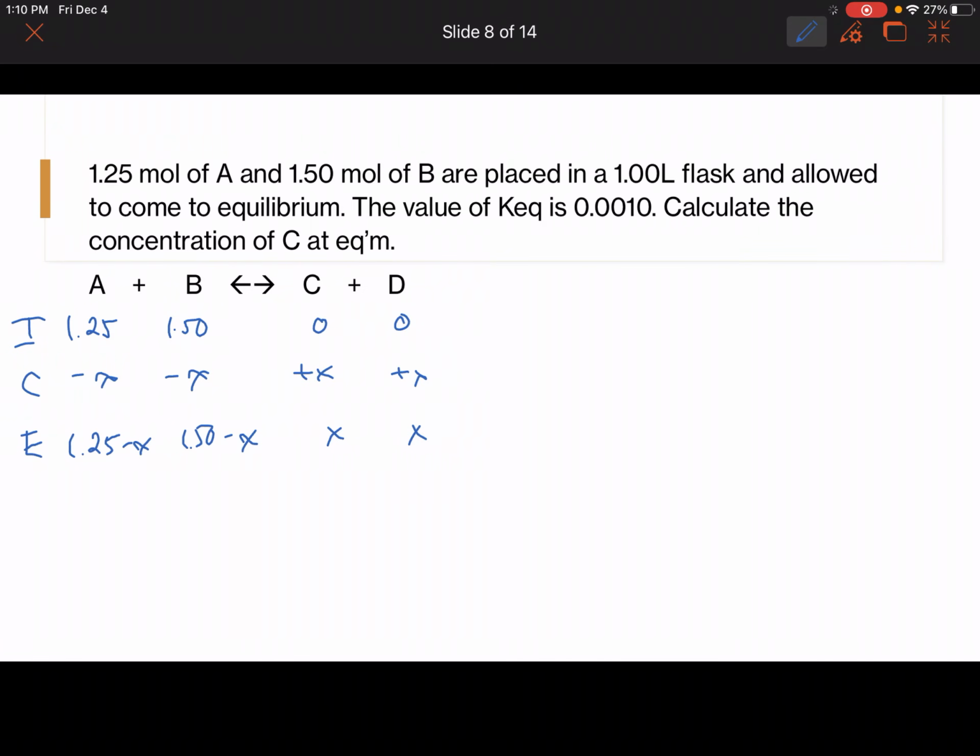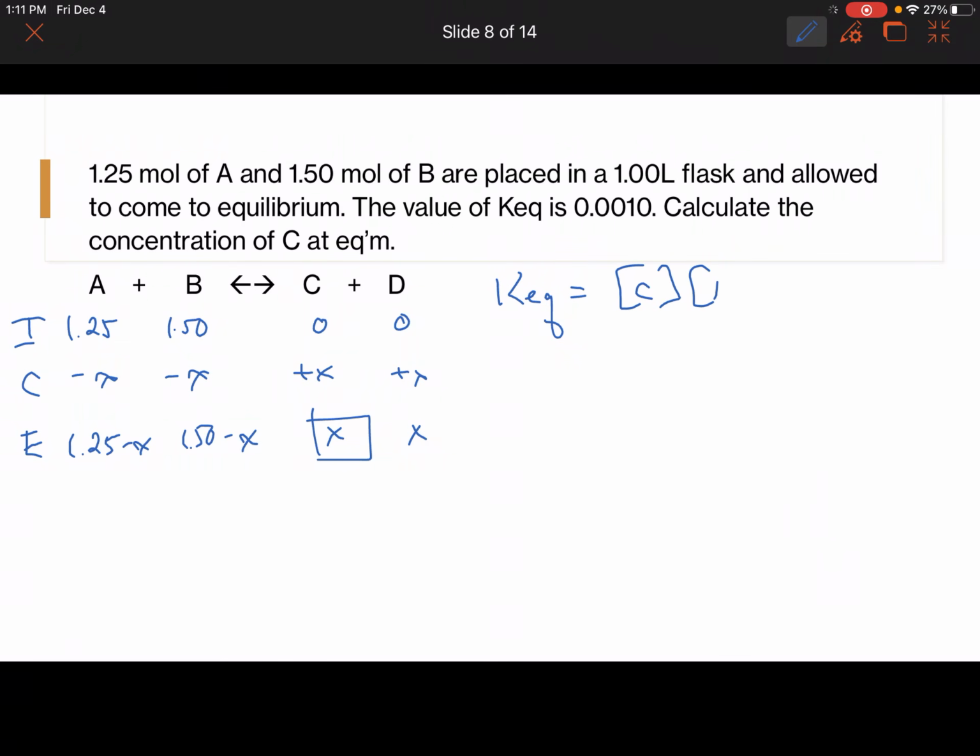Now, I have KQ, and I want to find the concentration of C. So this is what I'm looking for. So I need to solve for X then. So I've got a KQ expression, right? KQ is going to be equal to the products divided by the reactants.